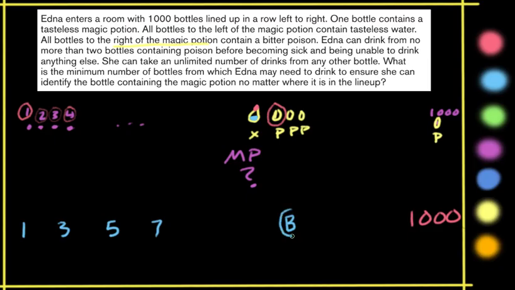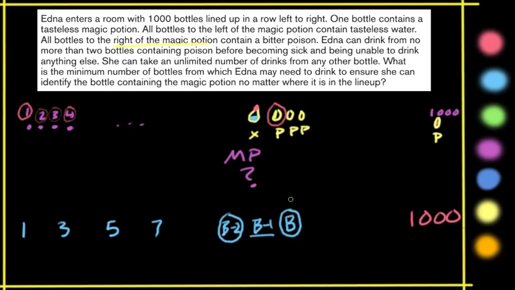When she tastes that bitter one, she doesn't know if bitter minus 1 is the magic potion or bitter minus 2. That's the magic potion because she tasted bitter minus 2, but it was tasteless. It could either be the magic potion or the tasteless water. So she would have to taste one more. She would have to go and taste bitter minus 1.